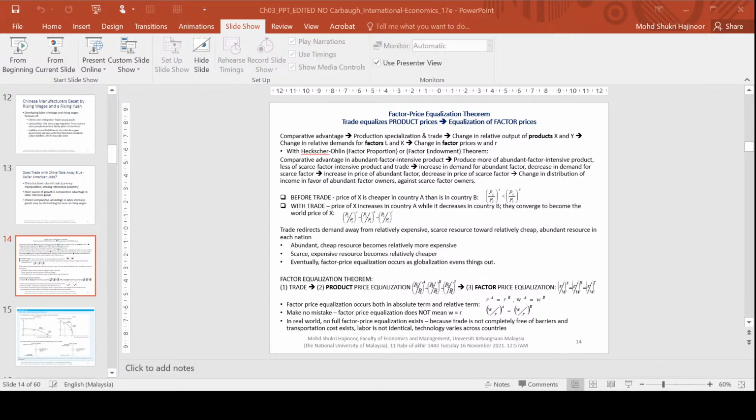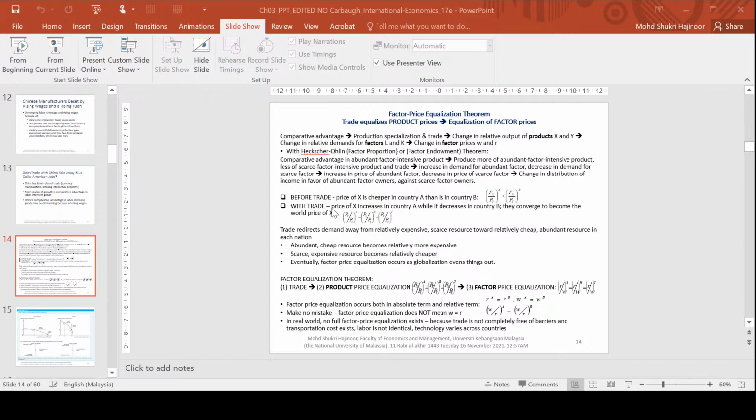Changes in the prices of factors is greater than the change in the prices of products. You must pay attention to the words products and factors. Our topic is factors. This just now equalized. Why equalized?